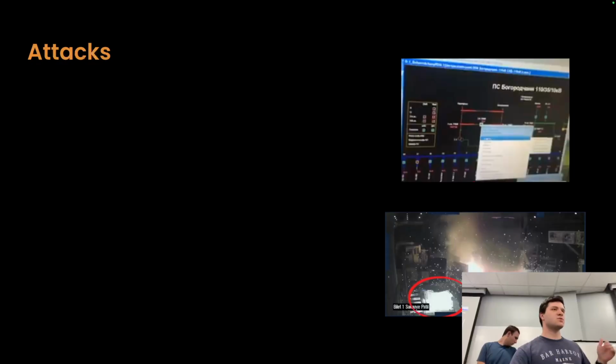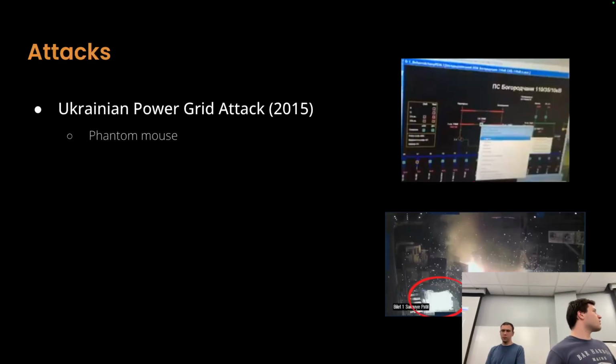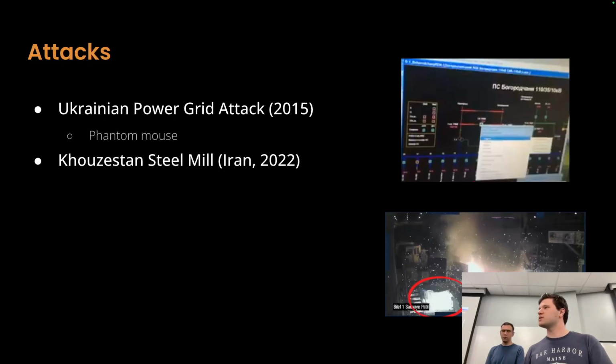Going into the actual attacks that have happened with HMIs, we covered this last meeting: the Ukraine power grid attack, Phantom Mouse, where the attackers were able to click around, turn off all the circuit breakers, and take out the power for over 200,000 people in Ukraine. Then there's a more niche attack, the Iran steel mill attack, where Israeli-backed attackers or hacktivists gained access to an HMI that was accessible via the internet.